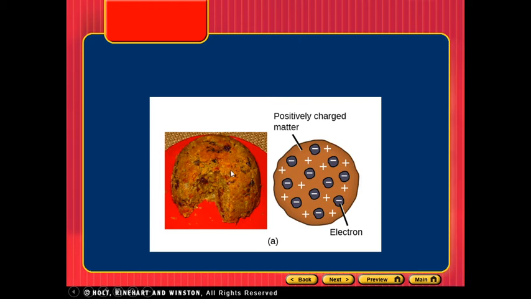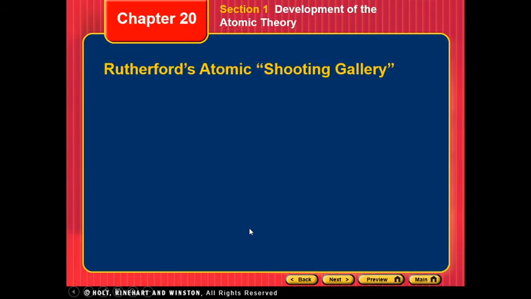But now maybe in our time we can have the chocolate chip muffin, like the chocolate chips are all spread throughout the muffin. That's what Thomson thought, that the electrons, or the negatively charged particles, are spread all throughout the atom. So that is his theory.